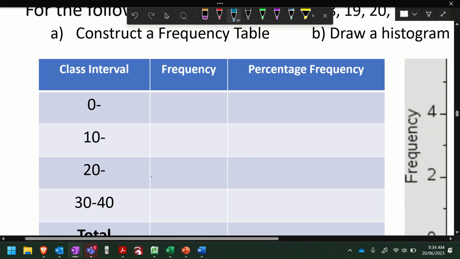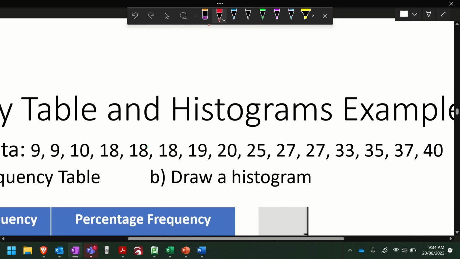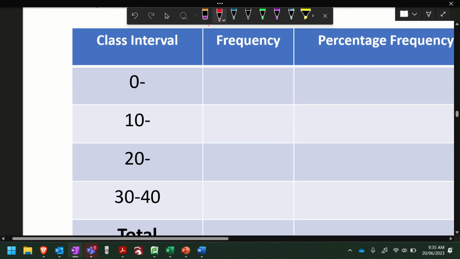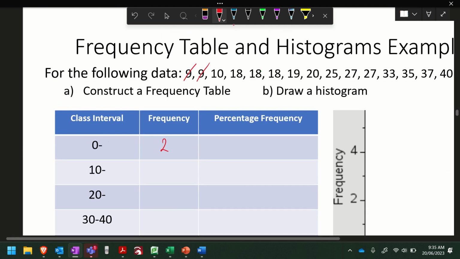Okay, so let's look at that. Remember that first one is saying 0 to 9. How many numbers do we have that are between 0 and 9? I can see there's 1, 2. There's only 2 there, so the frequency for 0 to 9 should be 2. For 10 to 19, I can see 1, 2, 3, 4, 5.